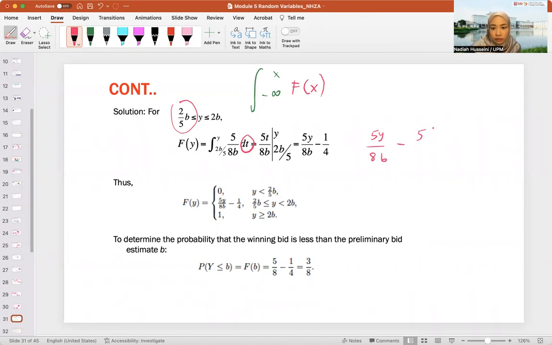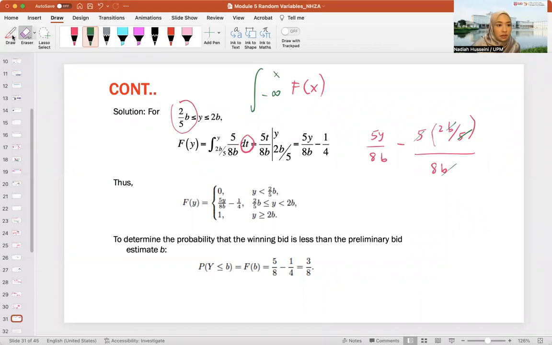So 5 times 2b/5 over 8b. Okay, so now we can cancel this out, make our life easy. So this one also cancels out, you're left with 1. So you have 5y, you have 2/8 here, not 1.